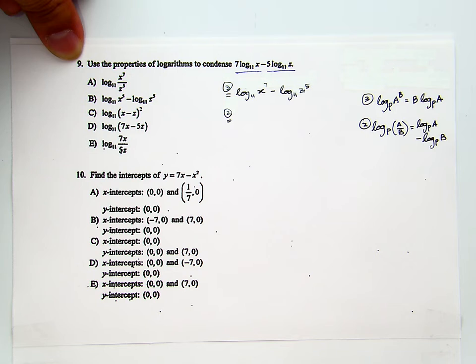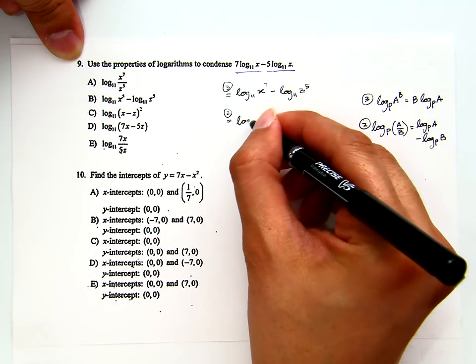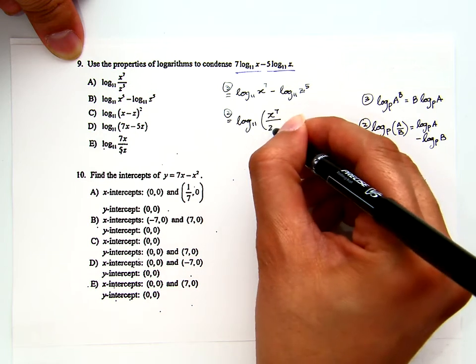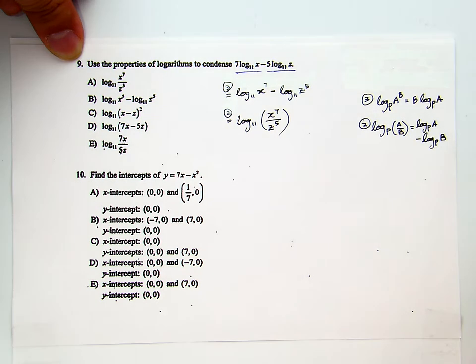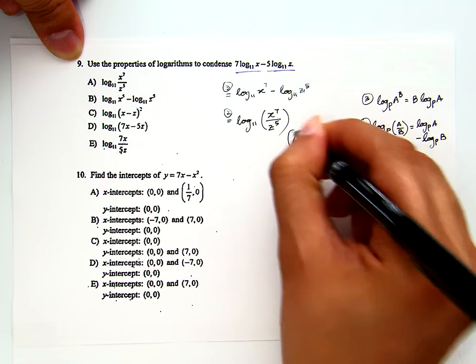I hope you remember that. And that's what I will do here. Log base 11 of x to the 7th over z to the 5th. Now when we see the solution, we know that the answer is A.